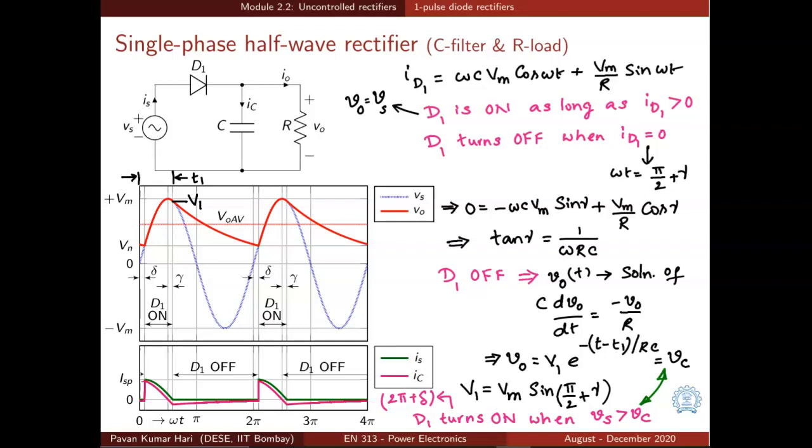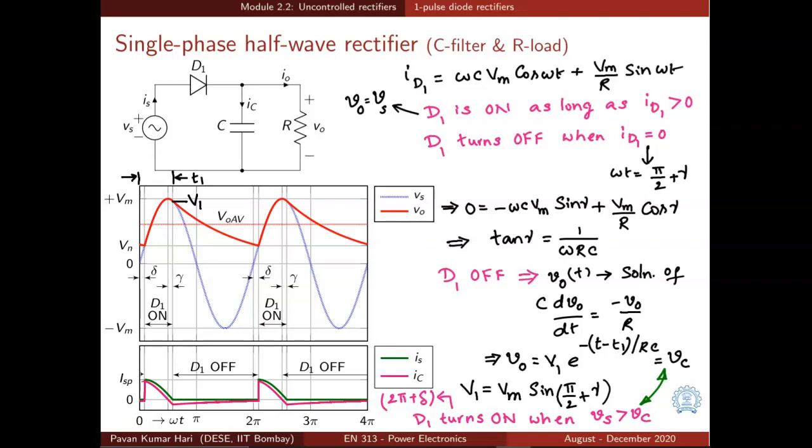And how long does the diode conduct? D1 is on as long as ID1 is greater than 0, because the current had started falling earlier. So as soon as the current reaches 0, the diode should stop conducting, because the current cannot be negative any further.